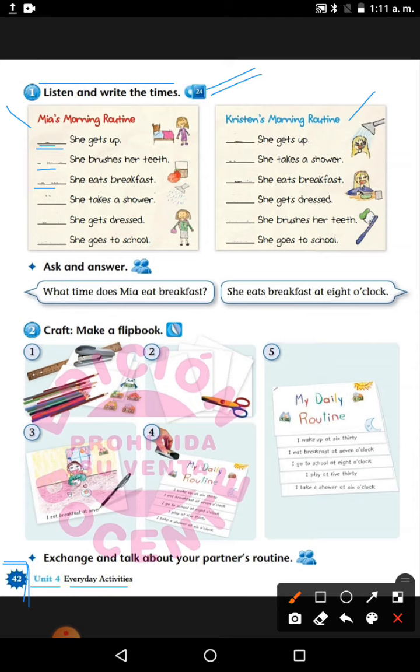So you have to listen carefully to the audio track I'm going to play, and you are going to write the correct time in the right action, in the right activity.